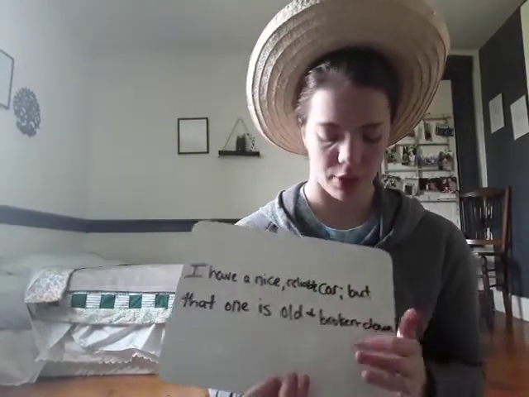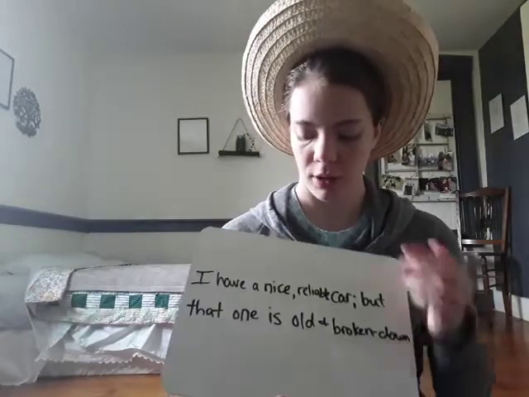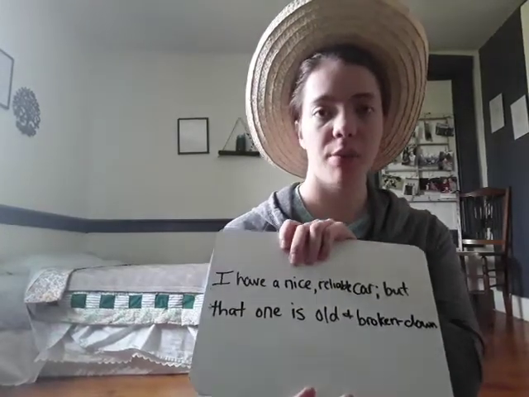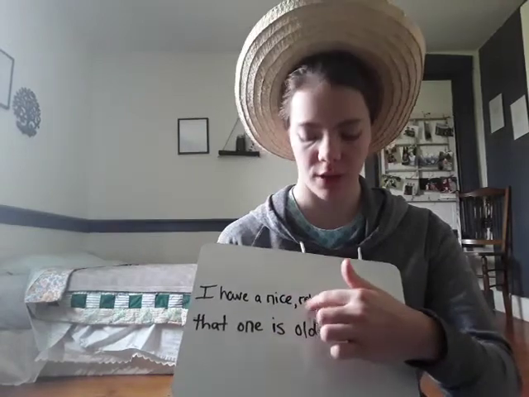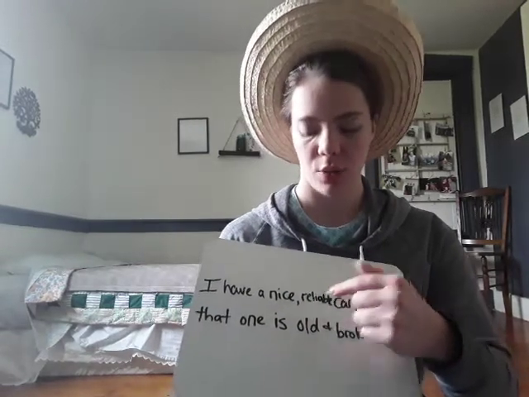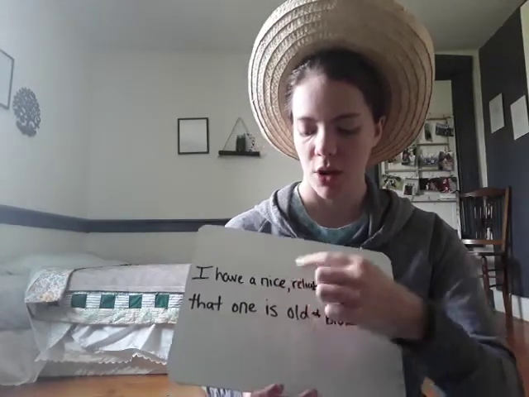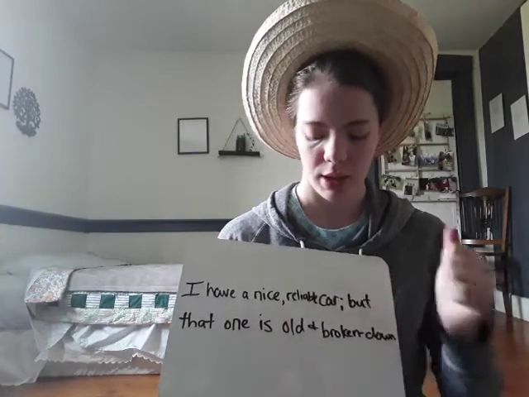Let's see here. I have a nice, reliable car, but that one is old and broken down. In my first clause in the compound sentence, I need a comma between nice and reliable. Because remember, when we have two adjectives describing the same noun, we separate them with commas unless it's color, size, or number. Neither of these are color, size, or number, so we separate them with a comma.